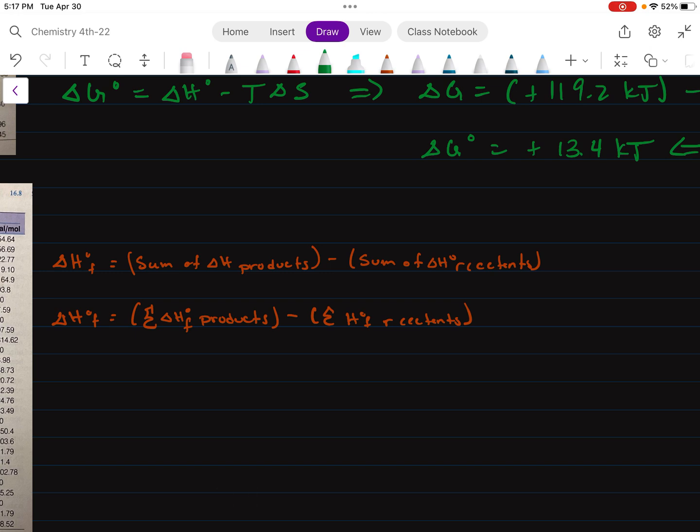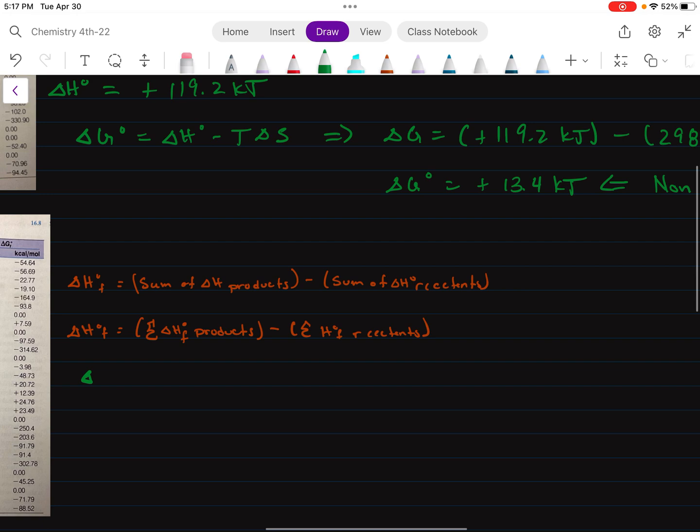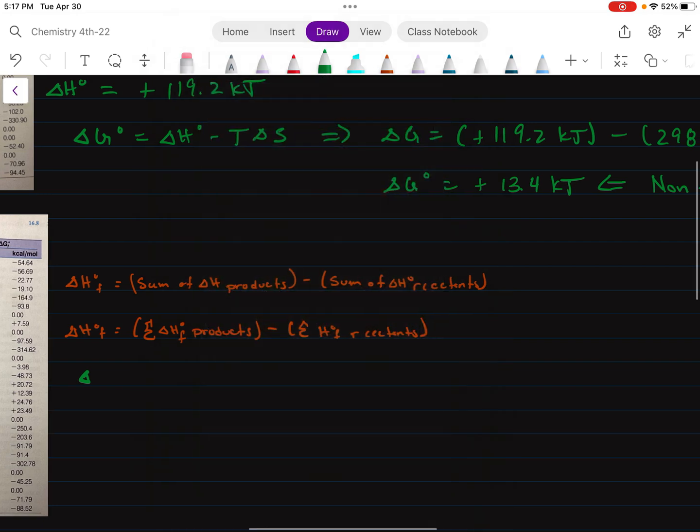What that means is that standard delta G is equal to the sum of delta G of formation of the products minus the sum of the standard free energies of formation of the reactants.